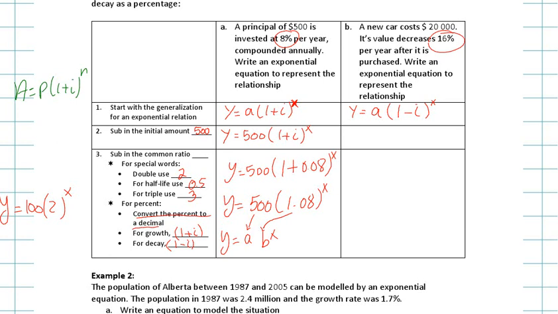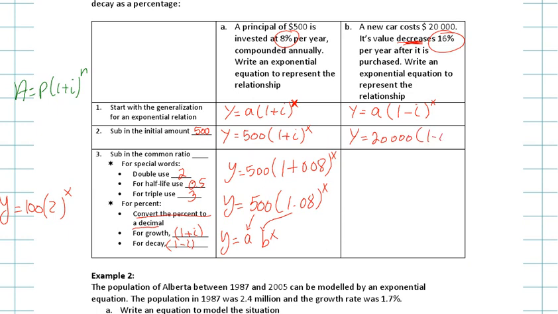There are different words you can see, like depreciate, decreases, loses. Now, what's the initial value of the car? 20,000. So I replace that for what letter? a. So y equals 20,000 times (1 minus i) to the power of x.